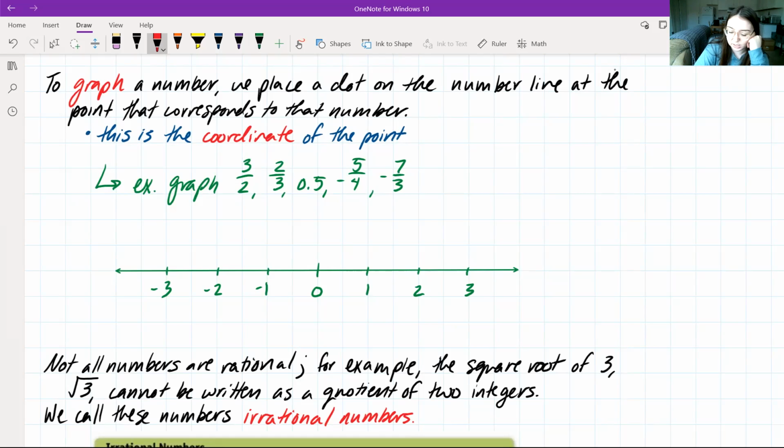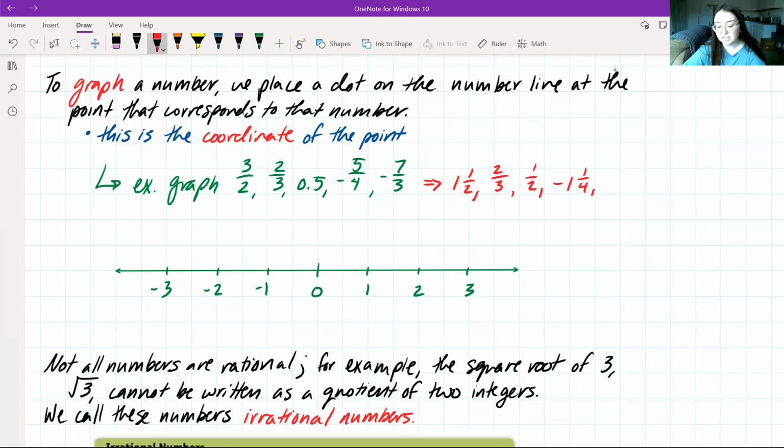So let's change these. 3/2 is the same as saying 1 and 1/2. 2/3 is a proper fraction, so we'll leave it at 2/3. 0.5 is 1/2, so we can say 1/2. -5/4 is going to be -1 and 1/4.